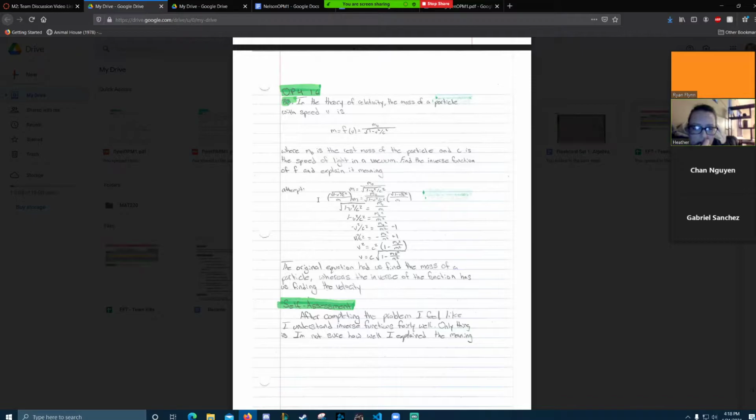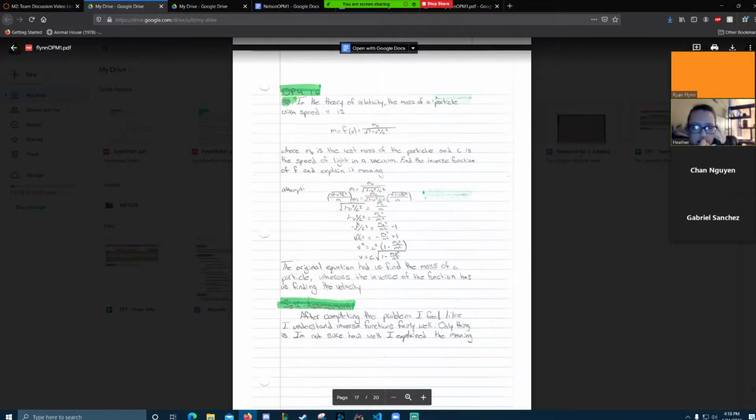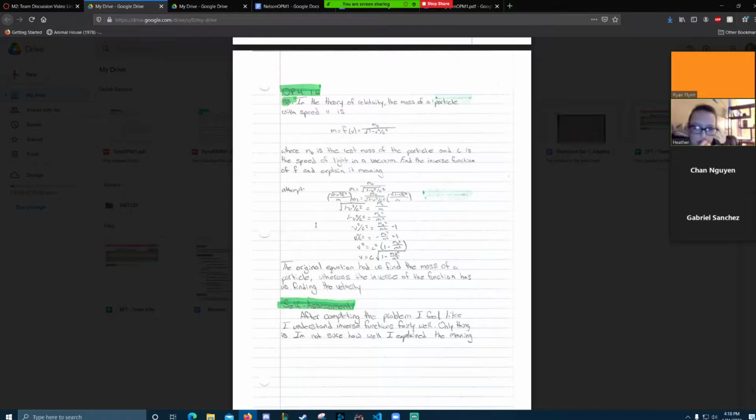Then you just solve for v from here, because you're looking for the velocity, so you reduce it down, and the final answer I got was v equals c times the square root of 1 minus m0 squared over m squared.